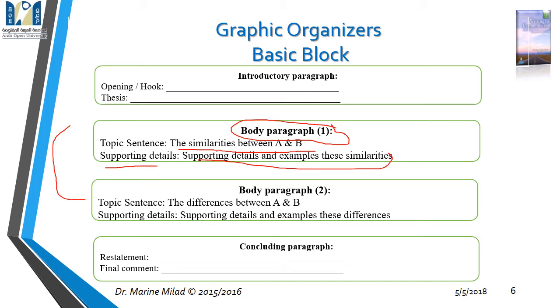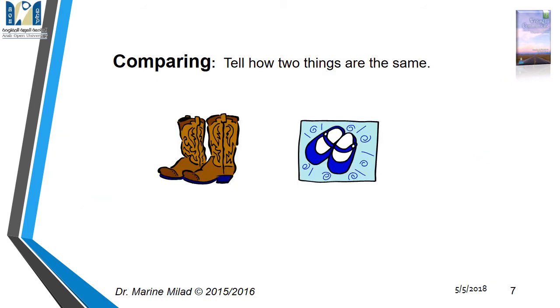And in a different body paragraph, body paragraph number 2, you will tell me the differences, and then you will support your differences. Here is the concluding paragraph, right? This is a basic block. This is very basic. You just tell me similarities in one paragraph, differences in the other.